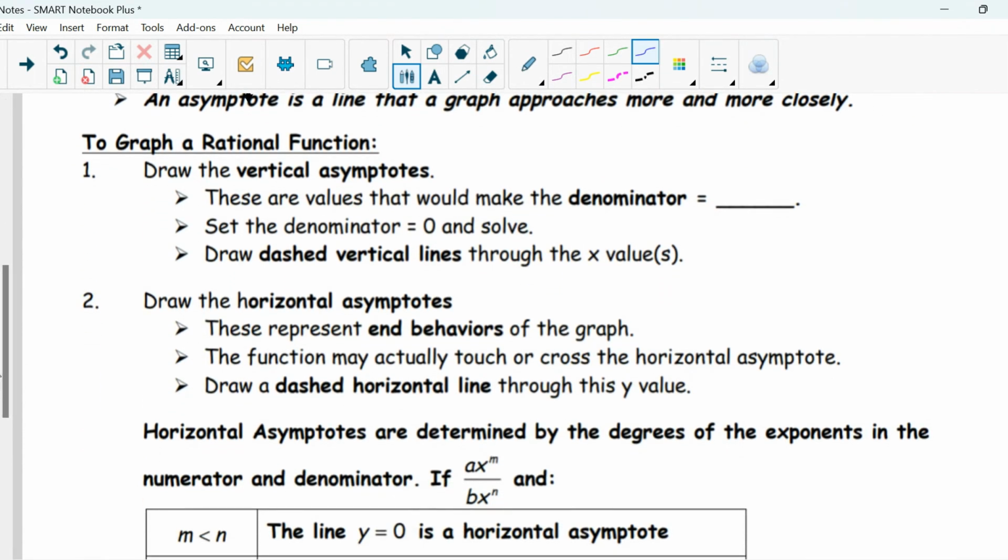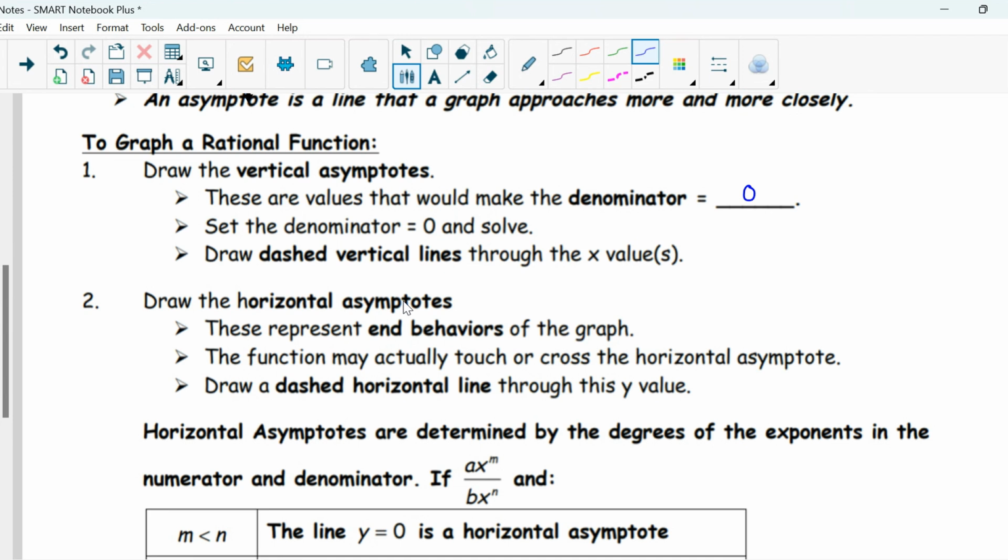So to graph a rational function, the first thing I would do is draw the vertical asymptote. These are the values that would make the denominator 0 or undefined. So how we would do this is we would set the denominator equal to 0 and solve. Just like I did above, you can draw a dashed vertical line through the x value of the asymptote.